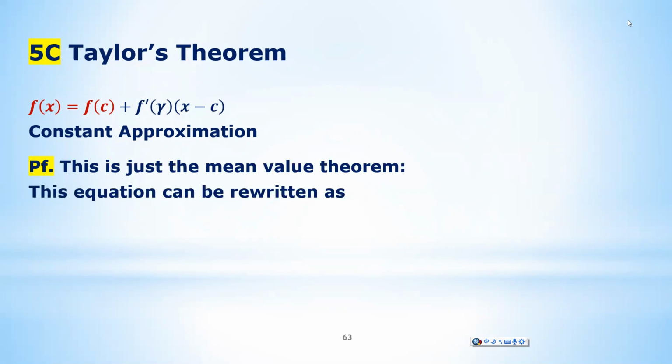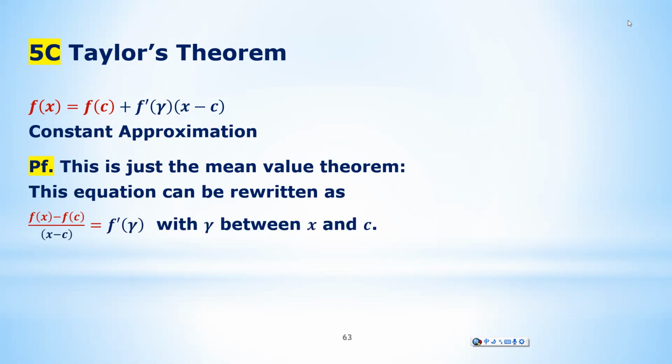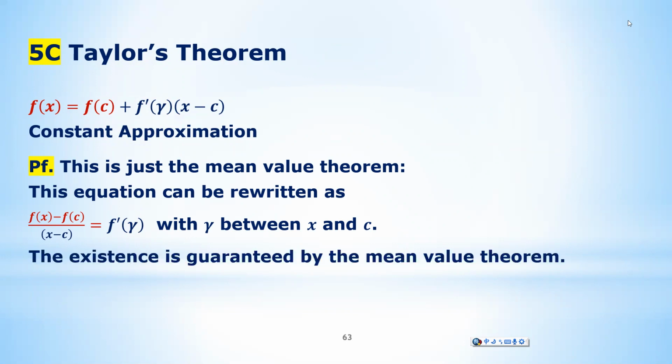This equation can be rewritten, if you divide by x minus c, as f(x) minus f(c) divided by x minus c equals f prime of gamma, where gamma is between x and c. So this is just the mean value theorem, right? The existence of gamma is guaranteed by the mean value theorem. Nothing to prove. It's trivial in this case.